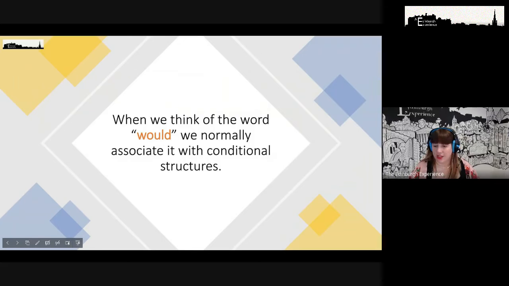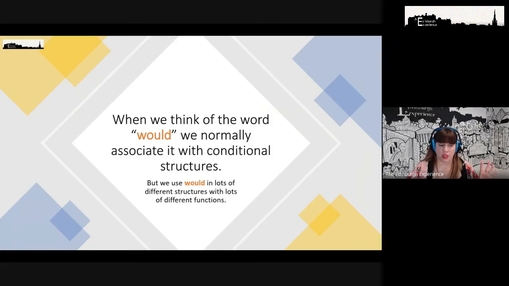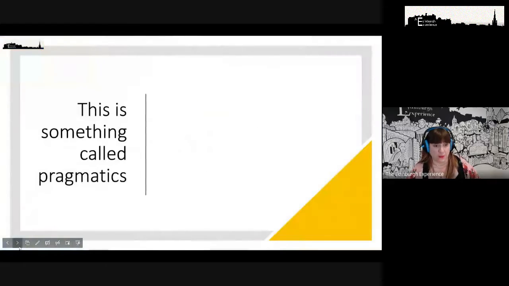When you think of the word would, very often we'll associate it with conditional structures, for example, second and third conditional structures. But we use would in lots and lots of different ways, and even within those different structures with different meanings, okay, and different functions. And that is what this word pragmatics means, yeah?